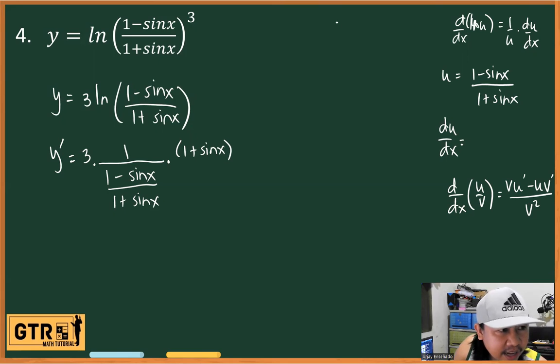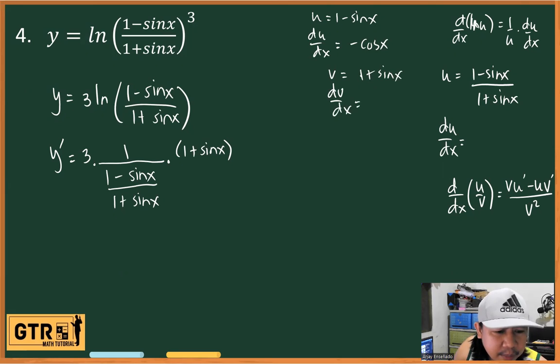Okay? So let's have a scratch here. We have u equals 1 minus sine x. The derivative of u with respect to x is equal to the derivative of 1, which is 0, and the derivative of negative sine x is negative cosine x. And then our v is the denominator, 1 plus sine x, and dv with respect to x is equal to the derivative of 1, which is 0, and the derivative of sine x, which is cosine x. Okay, so just substitute that.